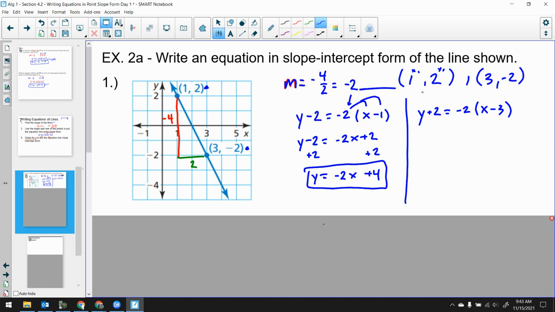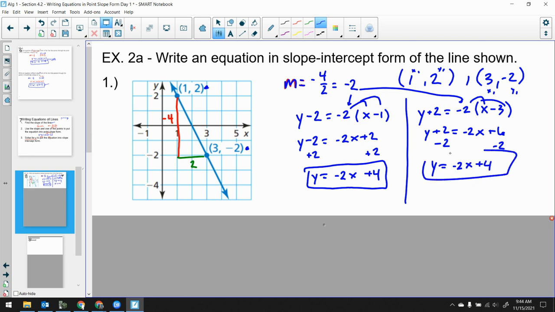My slope is still the same. This is your x1, y1 now. Let's solve it. Let's distribute. Y plus 2 is equal to negative 2x plus 6. Negative 2 times negative 3 is a positive 6. And then we subtract 2 here. Y is equal to negative 2x plus 4. Look at that. I get the exact same thing.